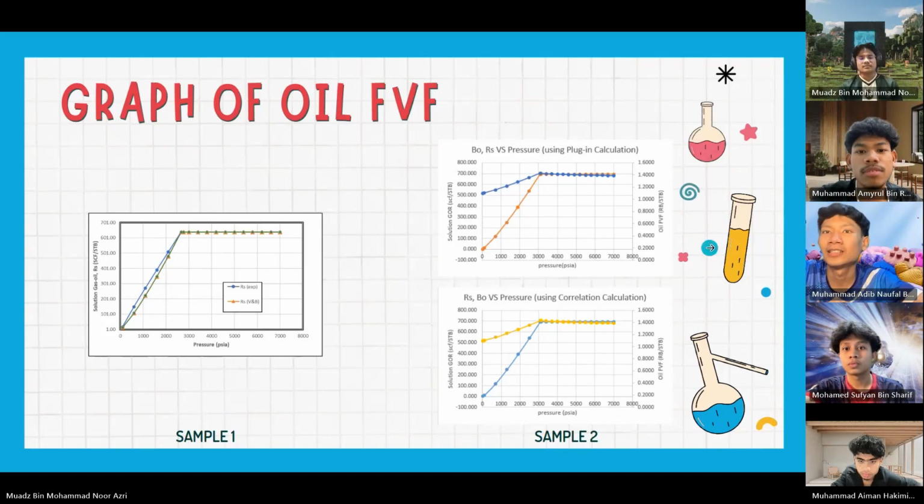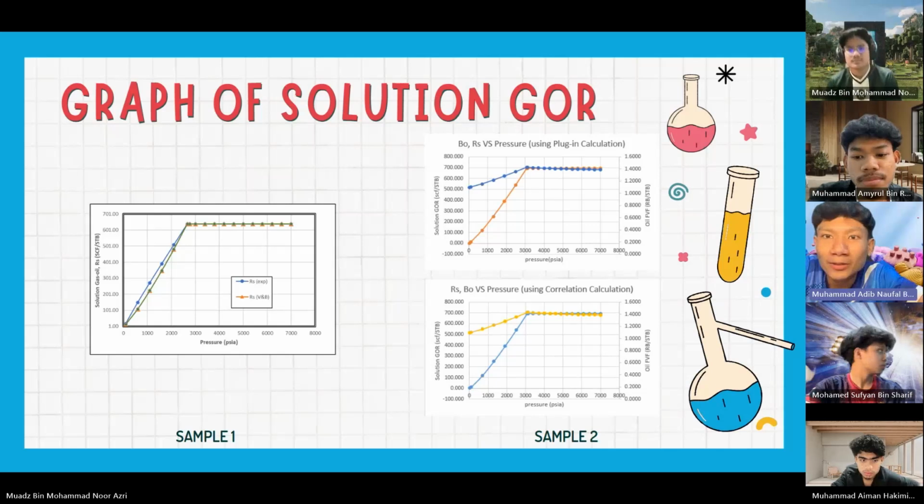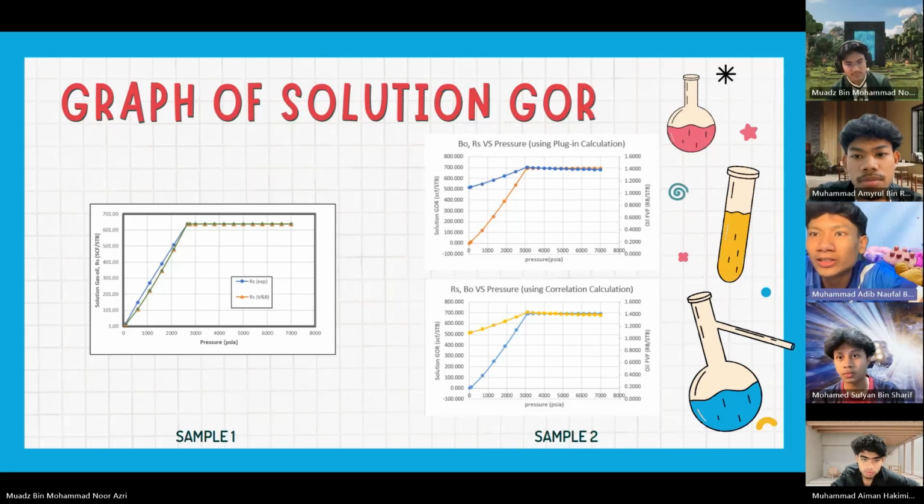Next, we go for graph of solution GOR. The same as before, we get three graphs. First graph is solution gas oil versus pressure. Second graph, solution GOR versus pressure. And third one, also the same, solution GOR versus pressure.